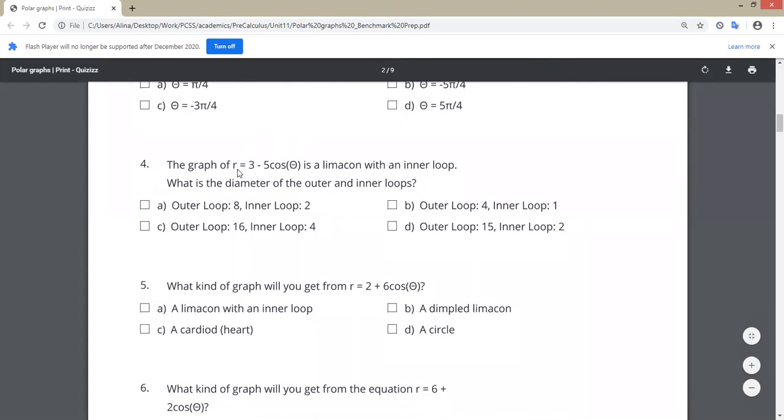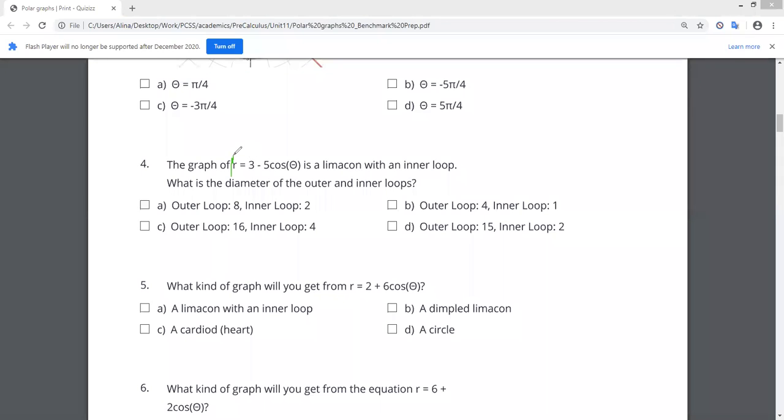Number 4, the graph of r equals 3 minus 5 cosine theta is a limaçon with an inner loop. What's the diameter of the outer and inner loops? Okay, so first thing we need to notice, let's look at this equation. Let me write a general formula, and maybe you can put this somewhere on a cheat sheet if that will help you. Let's call it a minus b cosine theta.